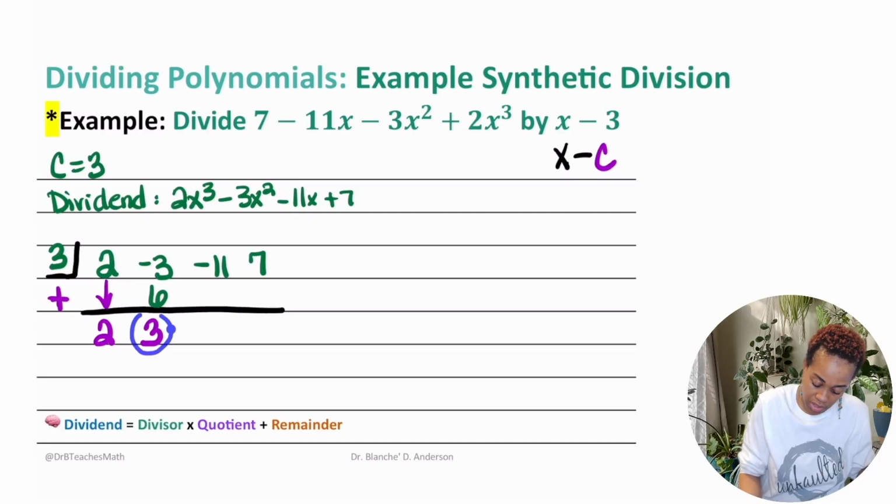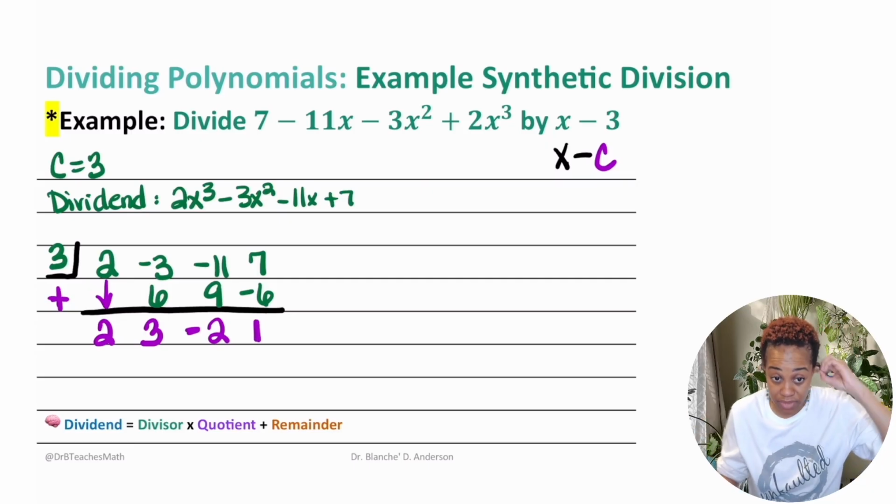And then 3 times the 3, that's 9. -11 plus 9, that's going to be a -2. And then -2 times a positive 3, that's going to be a -6. And then 7 minus 6 just gives me 1.